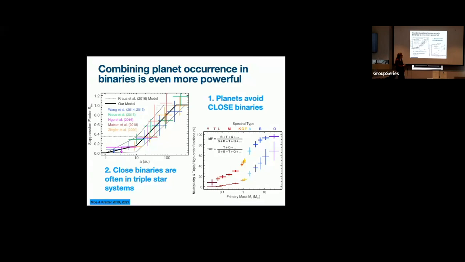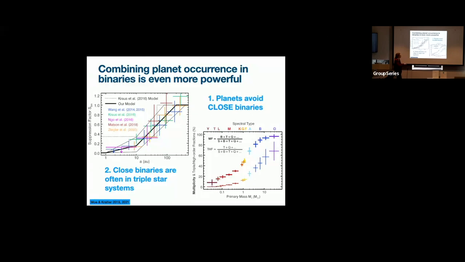On the other hand, close binaries are very often in triple star systems. So this is now going back to the multiplicity fraction as a function of primary mass. This is basically what I showed you at the start. And this curve down here is the fraction of these objects that are actually in triples or higher order multiples. So you can see that many of them are triples.